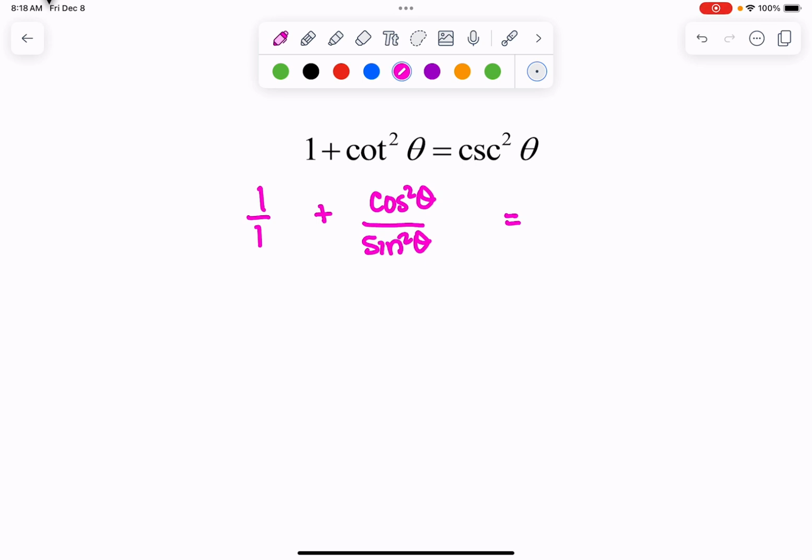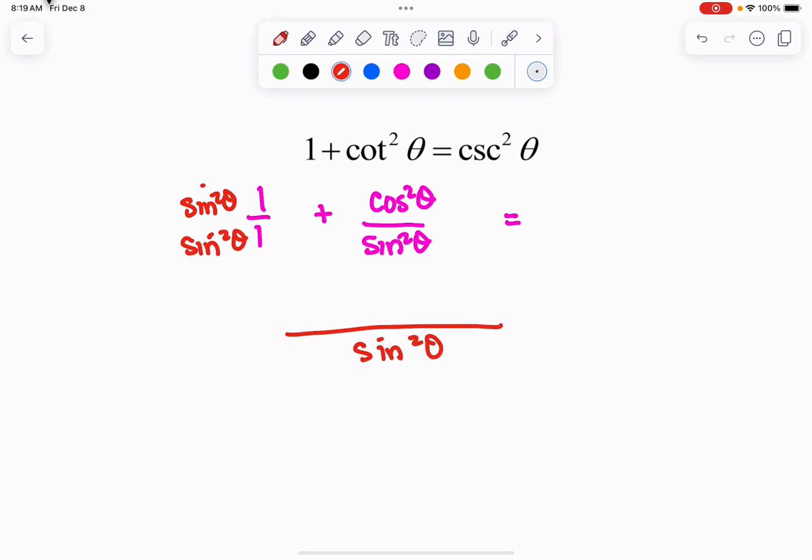Just like we did in the first one, we want to find our LCD of sine squared, and I'm going to multiply my first fraction by what it's missing, sine squared over sine squared. Now I can rewrite the left-hand side as one fraction. I have my LCD of sine squared, and from the first fraction, I'm going to have sine squared plus, from the second fraction, cosine squared.